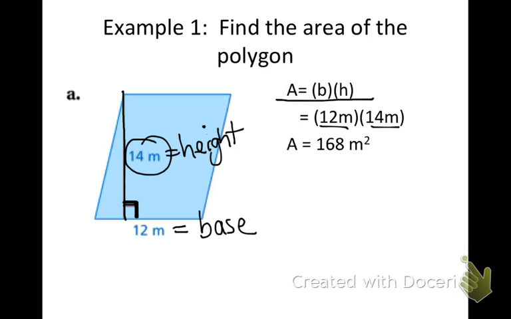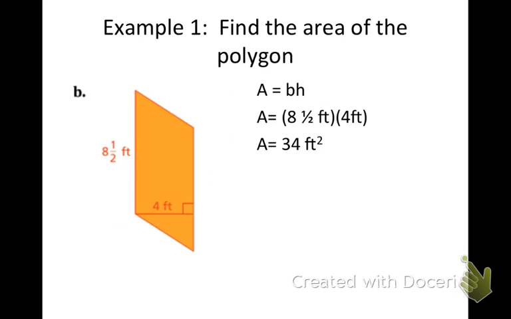Multiply 12 times 14 and you get 168 meters squared. So why do we have m squared? Well, if we look, we have m times m. And we learned that when you have those two, you can rewrite it as m squared. Okay, so go ahead, write all that down, and we're going to do another example.